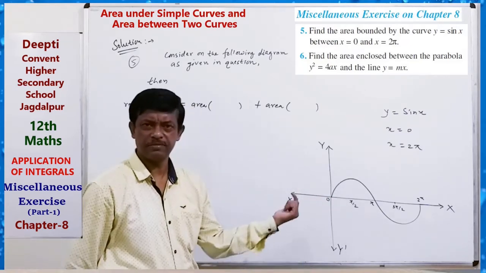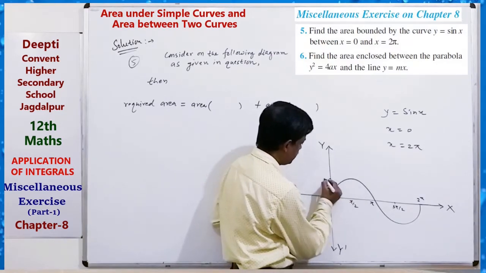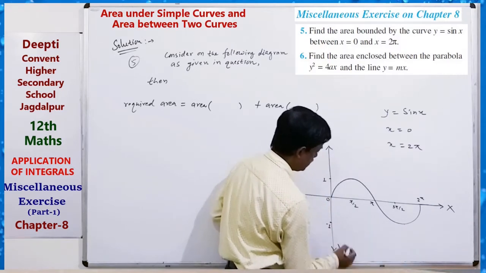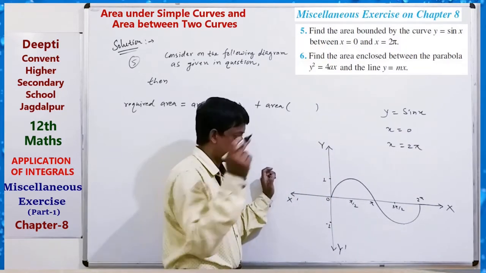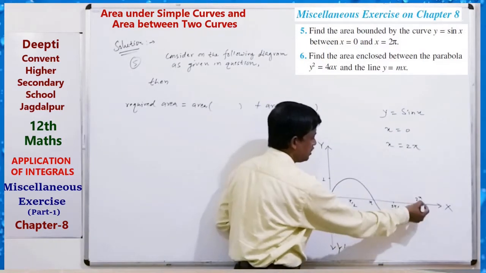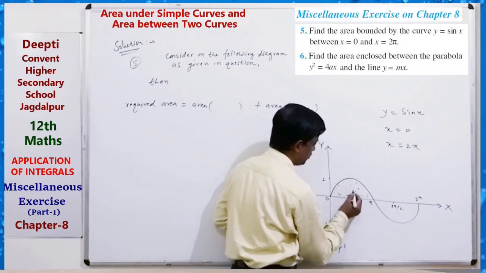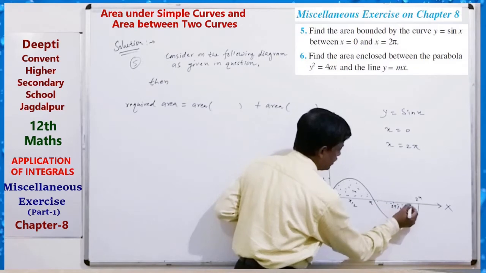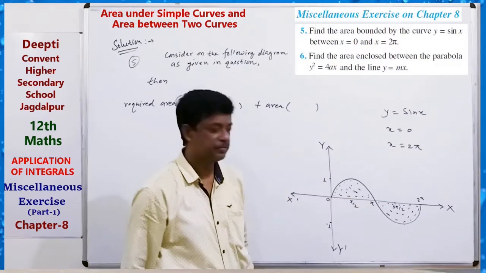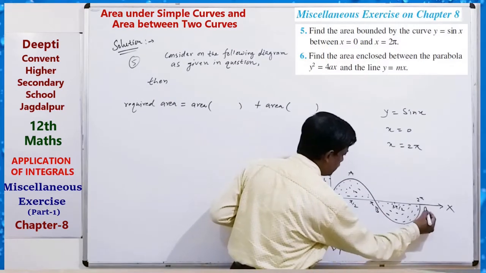This is the graph of the sine function. We know here 1, here minus 1. Clear? So sin x and x equal to 0 here, x equal to 2 pi here. So this is the portion of which we have to find the area. This is the lower part. So O, A, B, C, D.